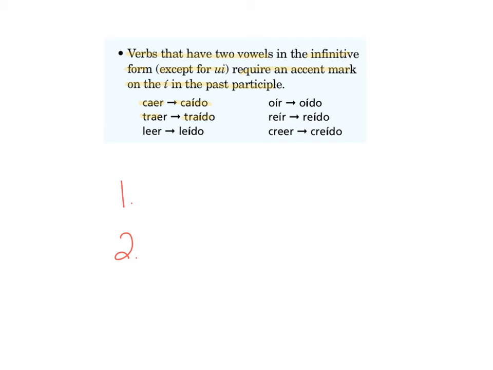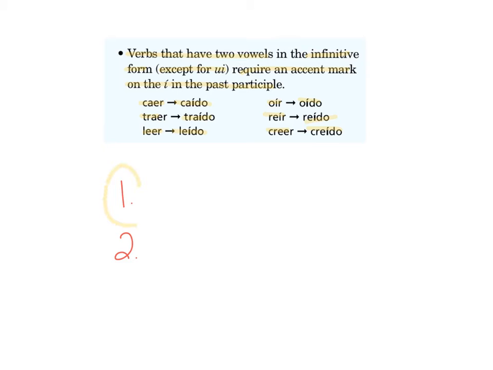Traer means to bring. Leer, leído con acento. Leer is to read. Oír, oído. Oír means to hear. Reír, reído. Reír means to laugh. Y creer, creído. Creer means to believe.